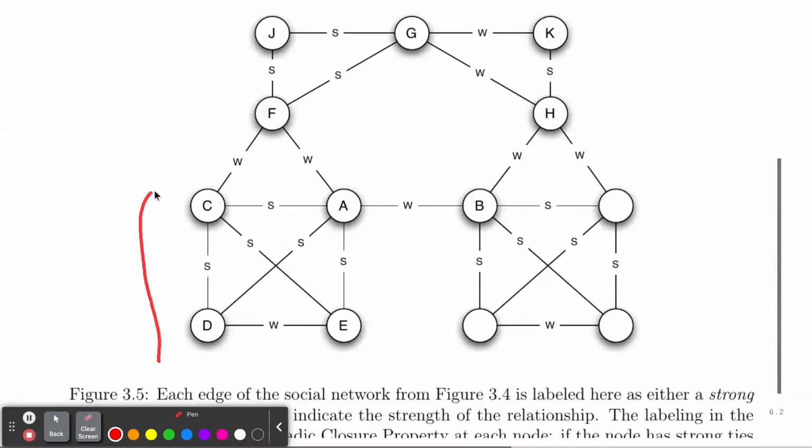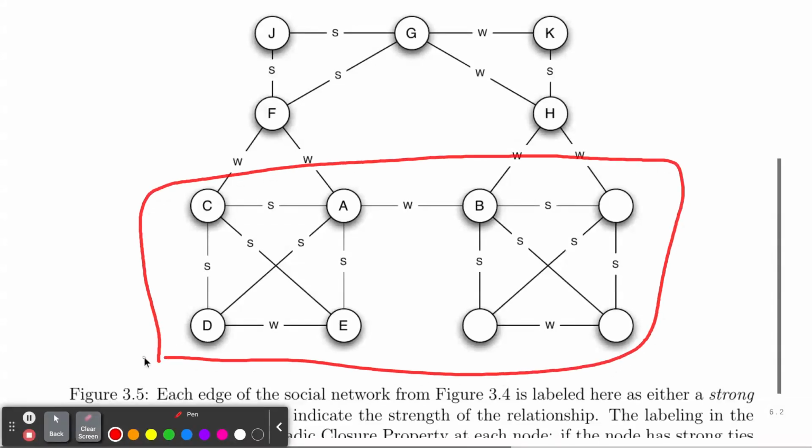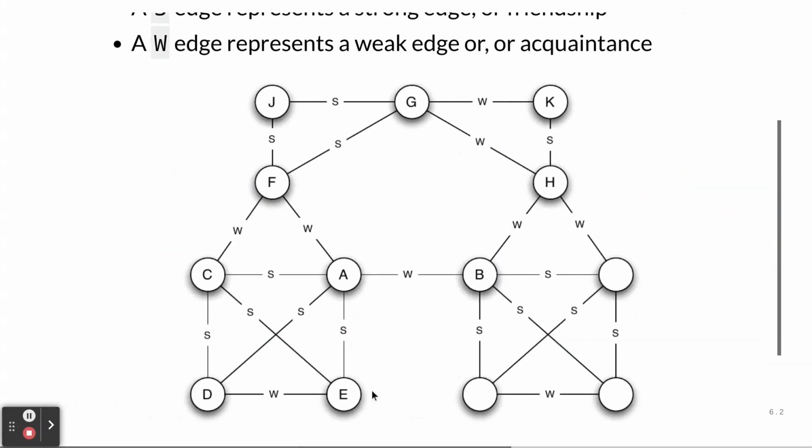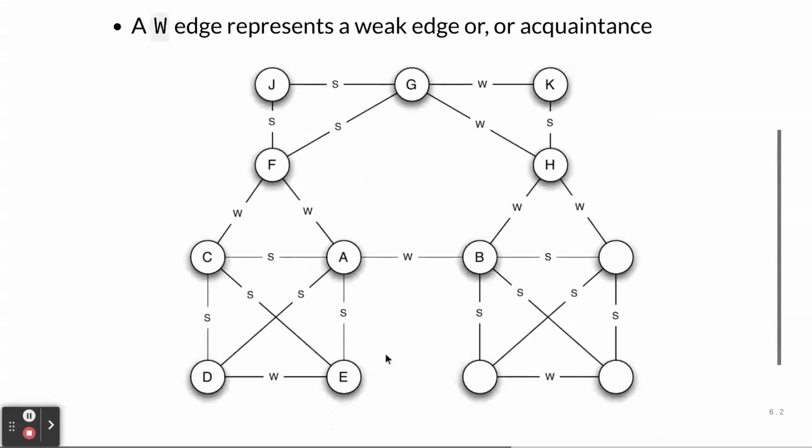The portion down here is the dumbbell part, where we would have labeled these edges as 3 and 4. And we had that brief example of how this may not really be a bridge if we consider the wider context and include this upper component here. So we have this representation of whether edges are strong or weak.